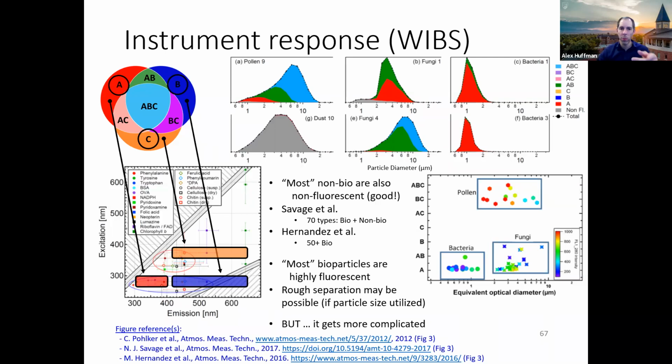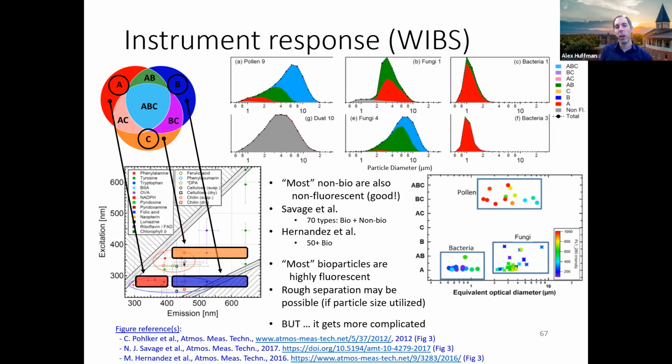And so different fungal spores in the middle have a different breakdown of these fluorescent types compared to another fungal species, whereas the bacteria look relatively similar. And so you can see even from this that the type of information that we're getting is wildly less than what we get out of the molecular techniques, and culturability and all these kind of things that we talked about before. But we have this information in real time, and so that has a benefit to it.